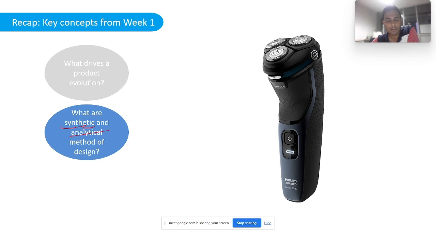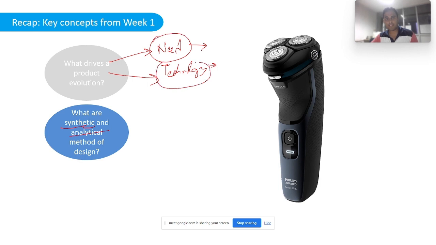Okay. So this defines in a more formal way what we have discussed, the drivers of your product design. The drivers are need driven and technology driven, right? But these are terminologies we generally do not use in formal design or engineering language.